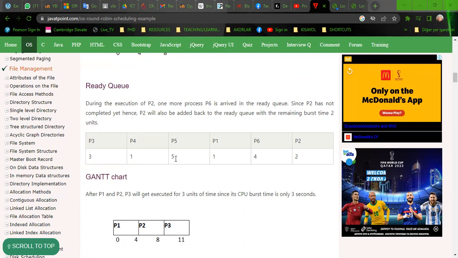Then one will remain from 5 nanoseconds, and this will be sent to the end of the queue. Continue to execute P1 1 nanosecond, P6 4 nanoseconds, and P2 2 nanoseconds. And at the end, the last one, P5, 1 nanosecond, and finish the question.